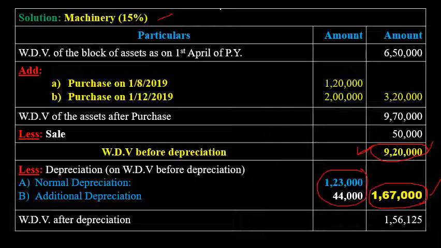Additional depreciation is applicable to newly purchased plant and machinery. If it was used for 180 days or more, then the rate of additional depreciation is 20%. If it was used for less than 180 days, then the rate is 10%. I showed that calculation in the next slide.